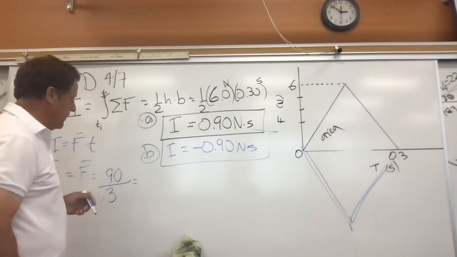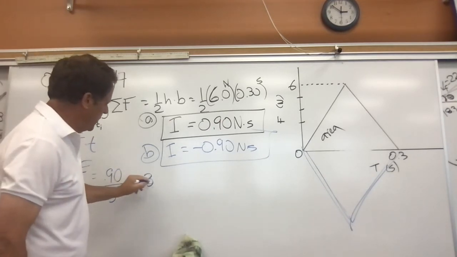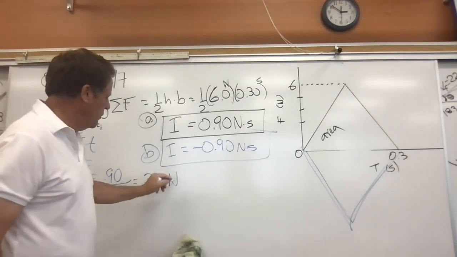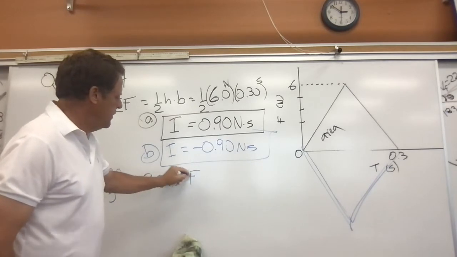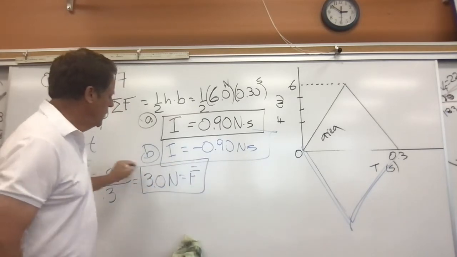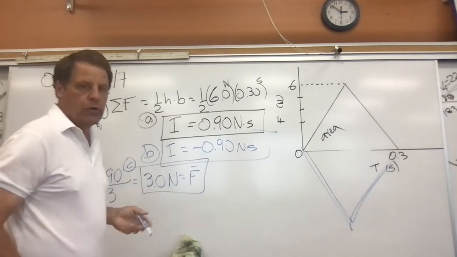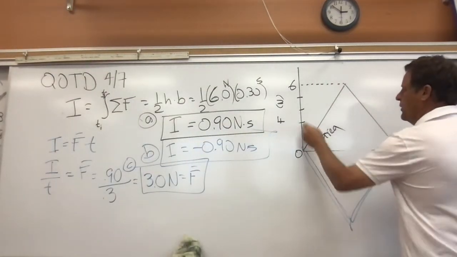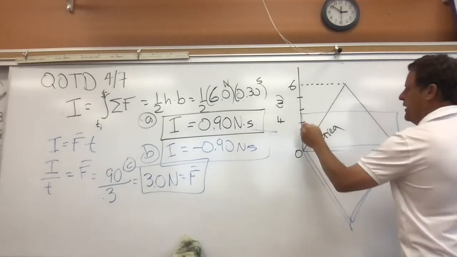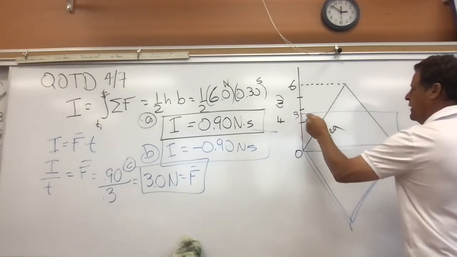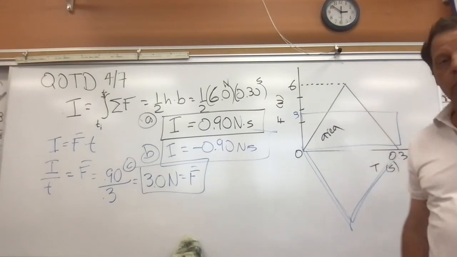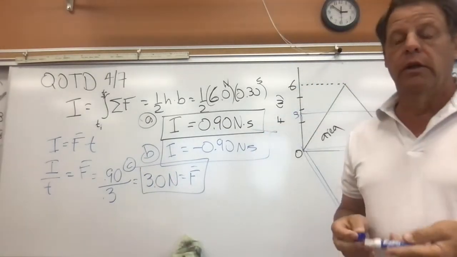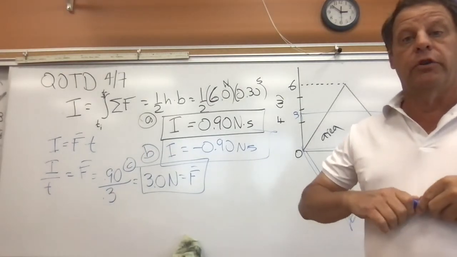Okay, and 0.9 divided by 0.3 is going to give us 3. And again, we have 2 significant digits, and the units for force are newtons. So that is going to equal our average force. And if we were to look on here, this would be 3. So this area in the blue would be the equivalent of the area in the black. So the rectangle would equal the triangle.